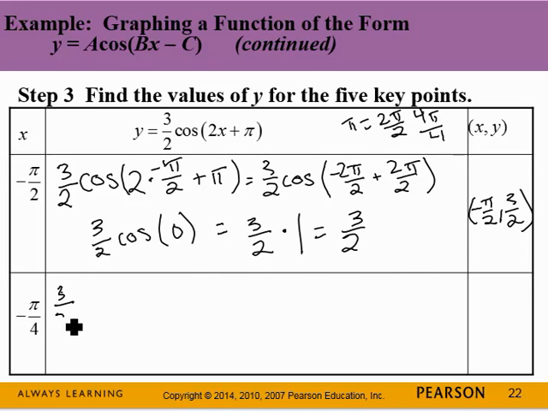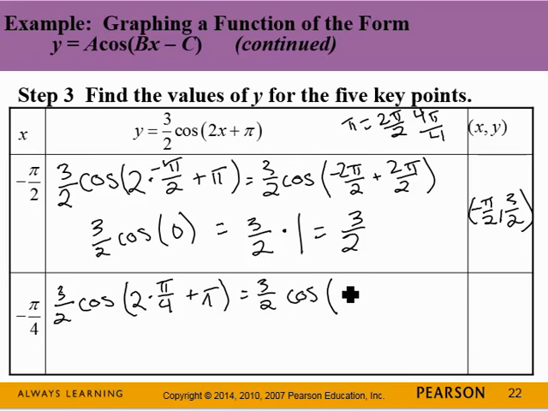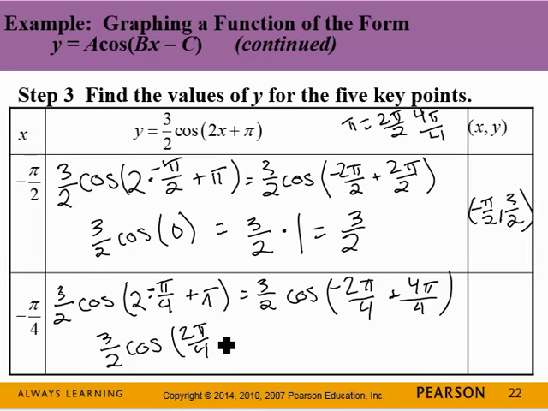So let's try the next point. If you look at cosine of pi over 2, that will just be 0.